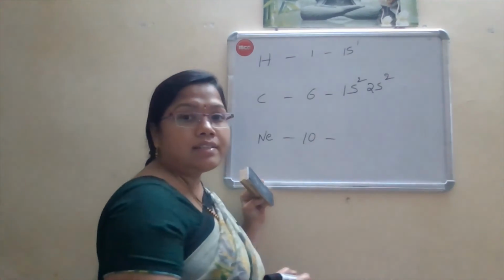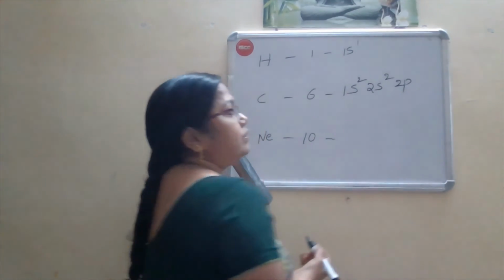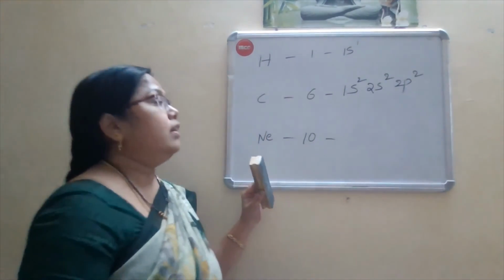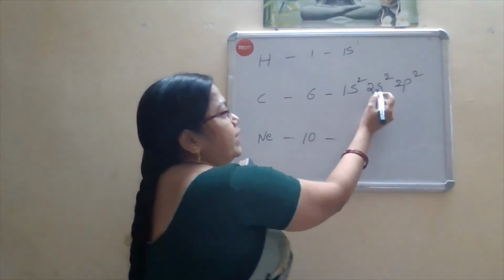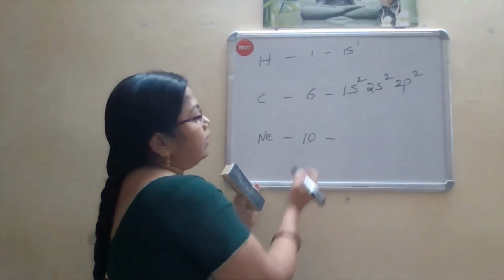The remaining 2 electrons enter into 2p subshell: 1s2, 2s2, 2p2.